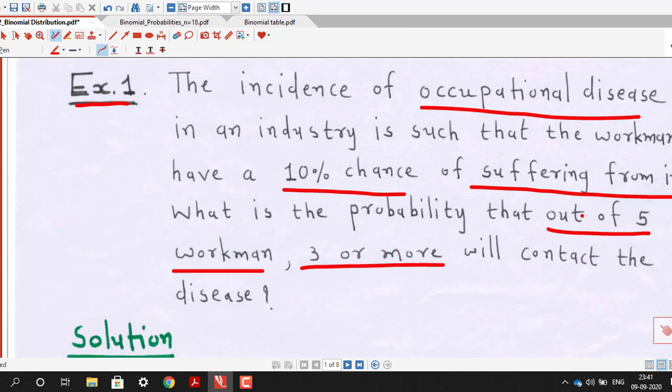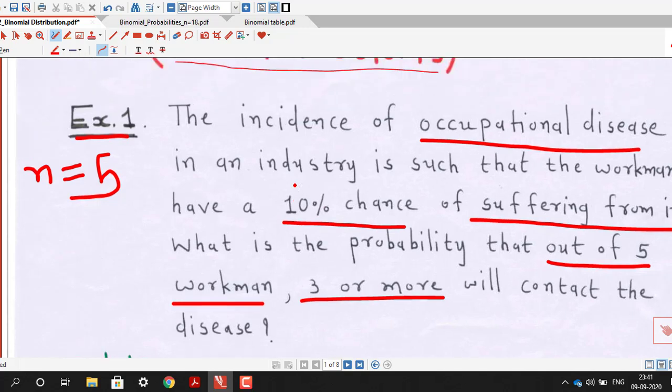They are considering 5 workmen. The random experiment is to check n equal to 5 workmen for occupational disease, that whether the selected workman has an occupational disease or not, and it is given that the workman has a 10% chance of suffering from occupational disease.